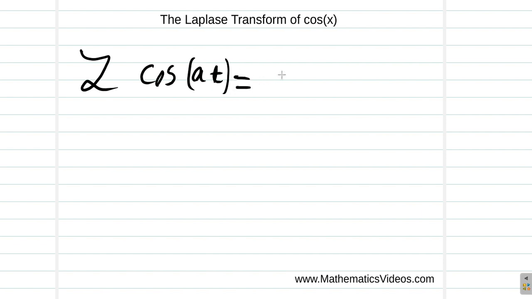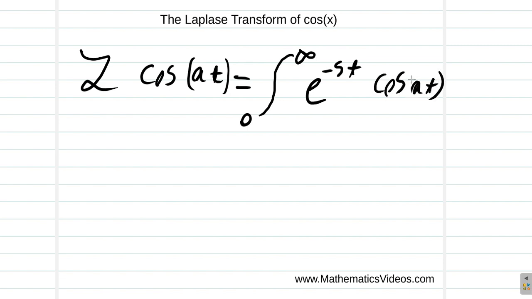Now, the formula for the Laplace transform is the integral from 0 to infinity of e to the negative st cosine of AT dt.